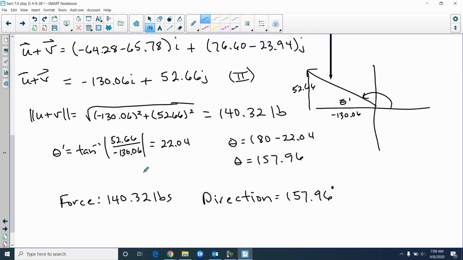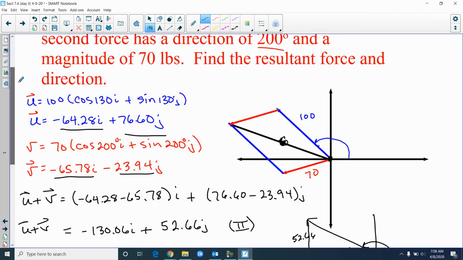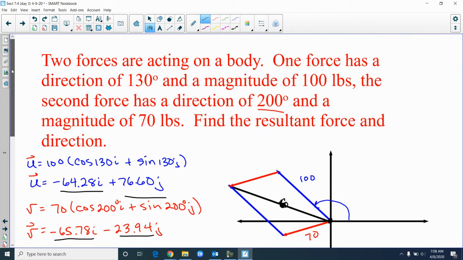So that's how we take two vectors, two forces, and we convert them to vectors and just add those together. That's the basis for it. It can get a little bit different, and the scenarios are going to be different as well, which we have to be able to interpret correctly.